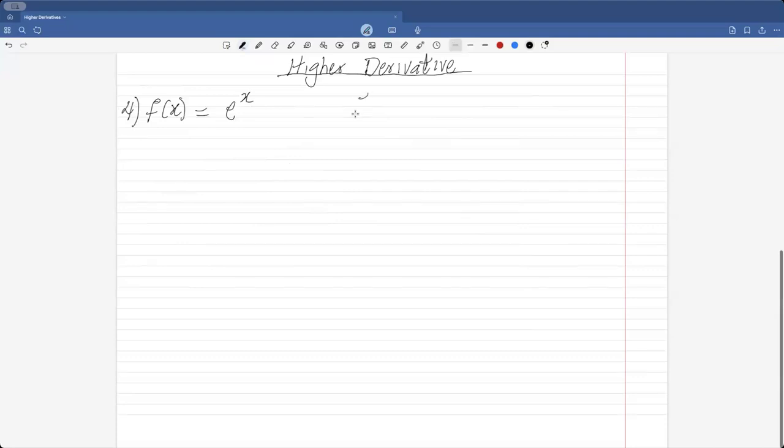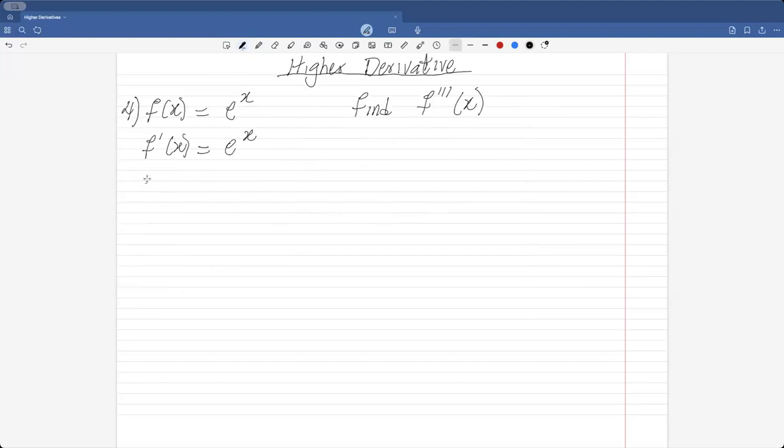Let's say we are told to find the third derivative of the function. How can we do this? Now, it means we find the first derivative of e to the x, and it is nothing but e to the x.